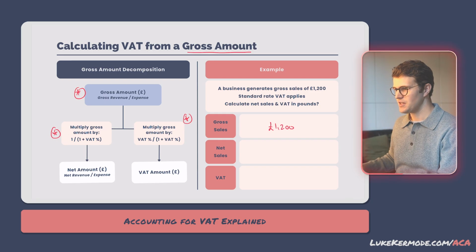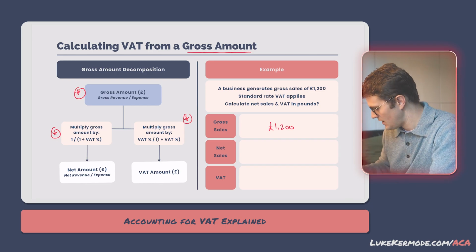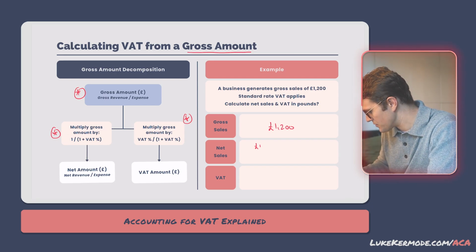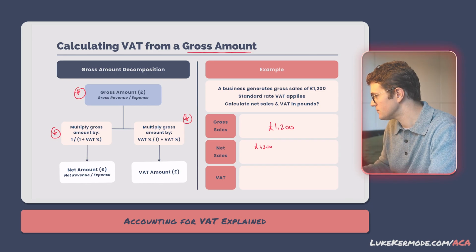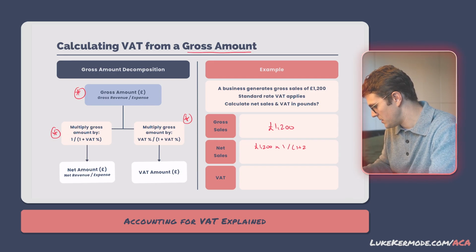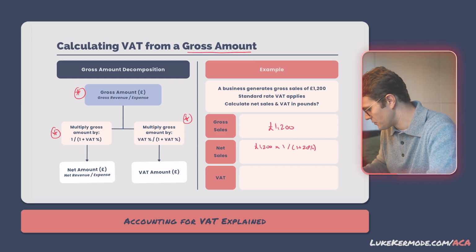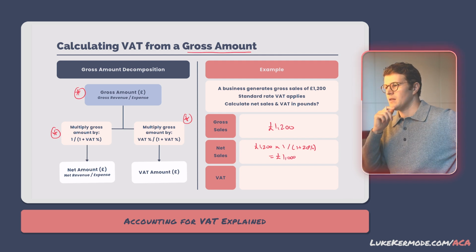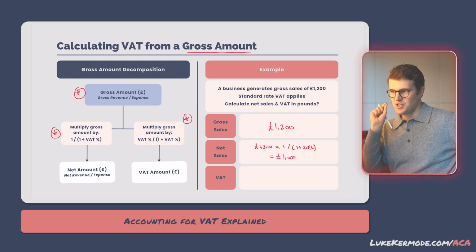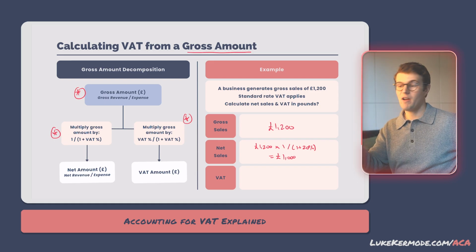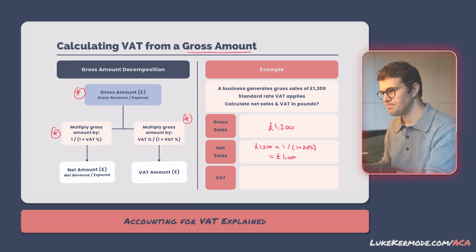So to calculate net sales, all we do is take £1,200 and multiply by 1/1 plus 20%. It's our standard VAT rate, which gives us net sales of £1,000. That's the amount the business actually earns in the period, and that's the amount that will be reported by the business as revenue on their income statement.